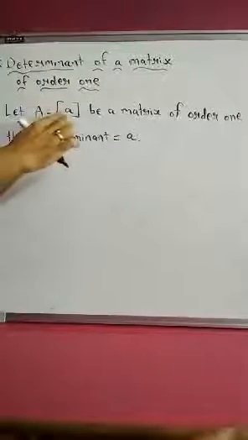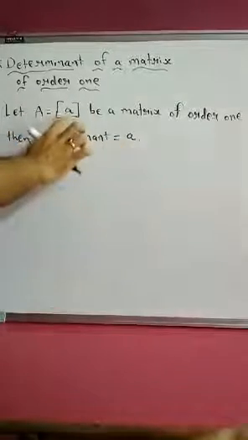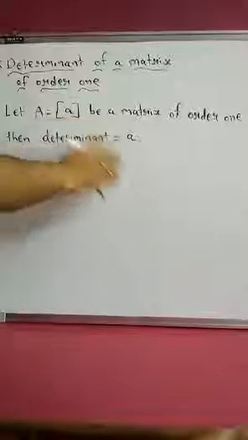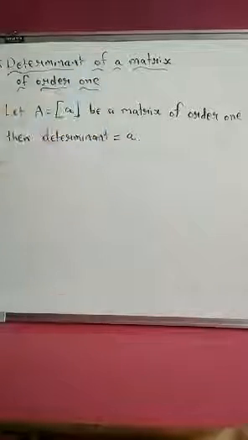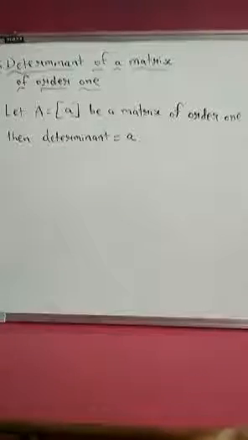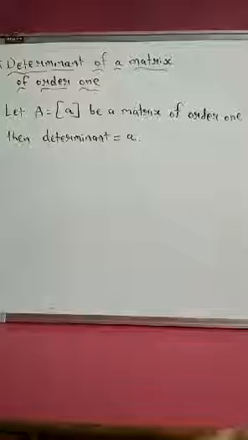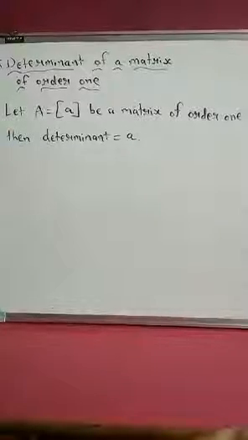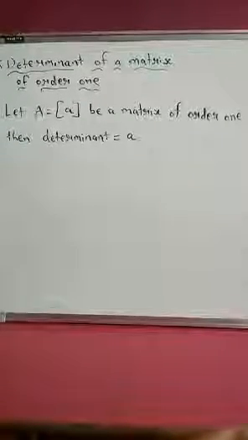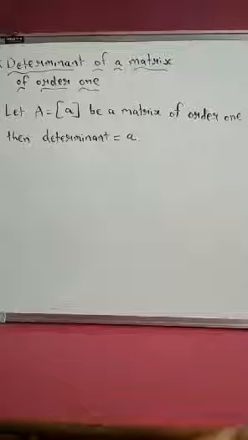In short, if it is small b, then the answer is small b. Whatever is your element, that is the same answer for order 1. So what you have to remember is that for order 1, whatever is the element of the matrix, that will be the value of the determinant. I am talking purely for order 1 right now.